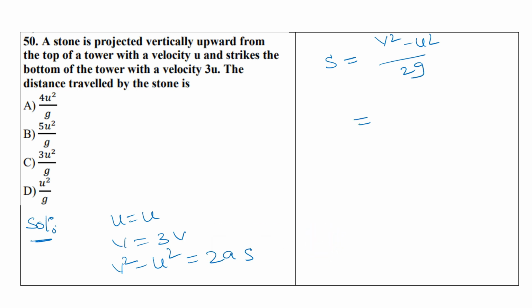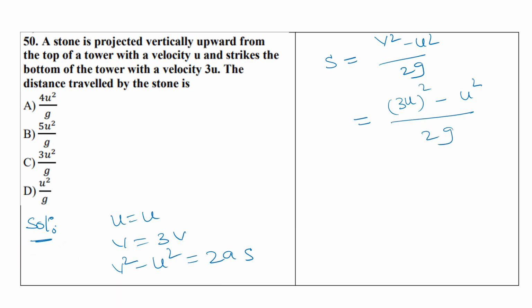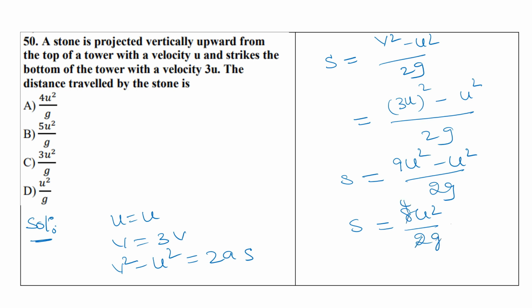Substituting values, v is 3u whole square, so s is equal to 9u square minus u square by 2g, that is 8u square by 2g. 2 ones are 2, 2 fours are 8, so 4u square by g.